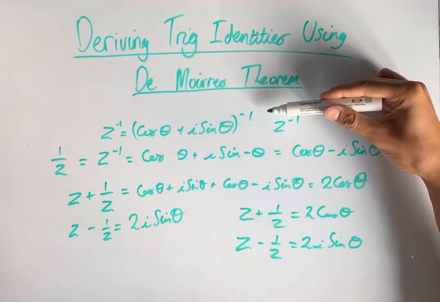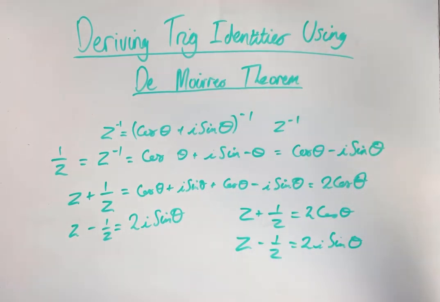But this is just with the power of minus 1. De Moivre's theorem can work for any positive integer.